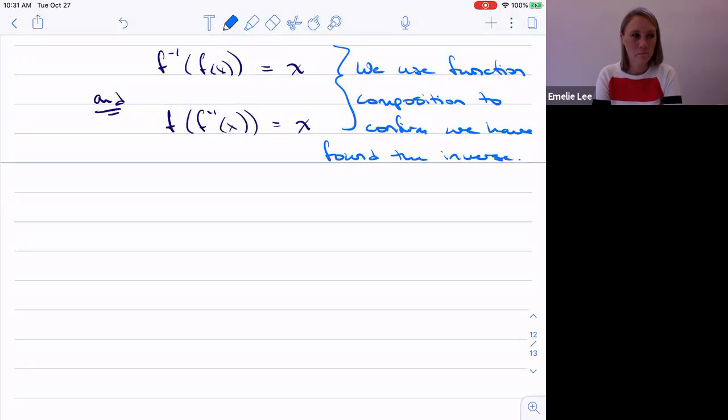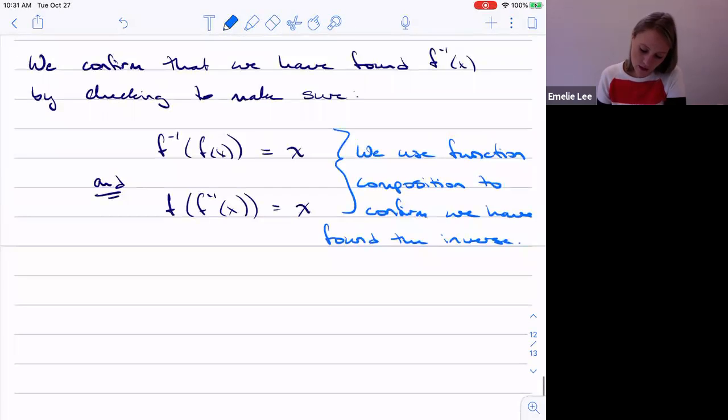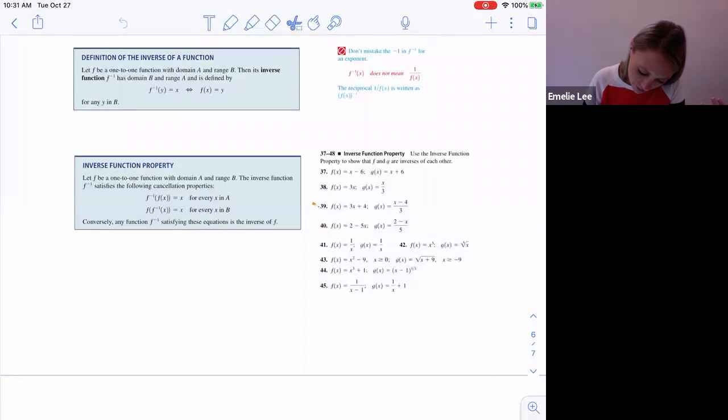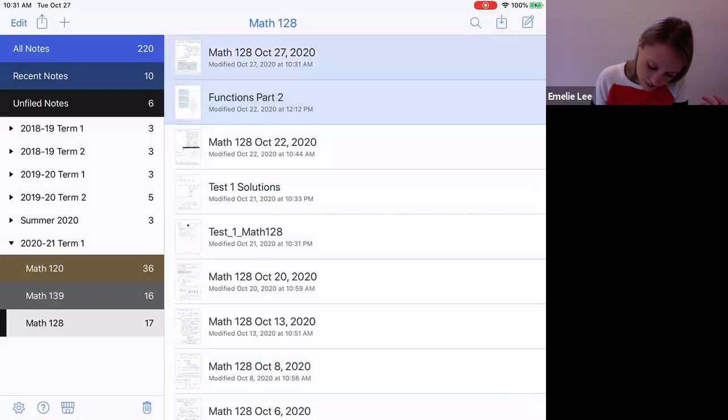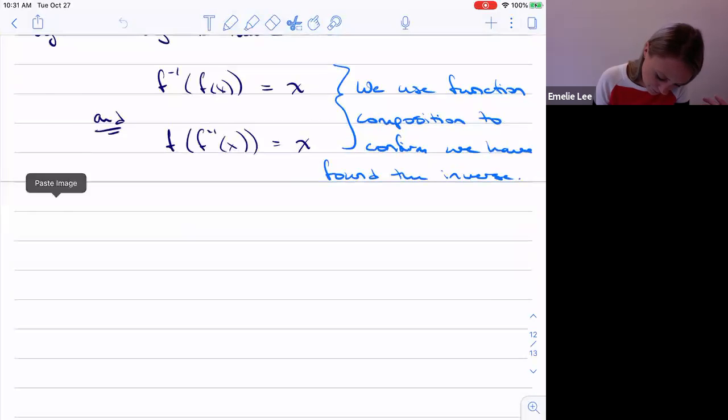Okay. So this is called the cancellation property. I'm not really going to call it that, but I will ask you, and then confirm that this is in fact the inverse. So before we actually find the inverse, let's do one of these problems here.